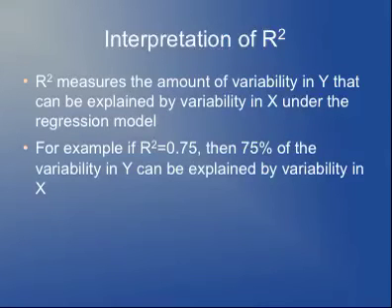And the way you can interpret R squared is that it measures the amount of variability in Y that can be explained by variability in X under the regression model. In other words, if R squared equals 0.75, then that means that 75% of the variability in Y can be explained by variability in X.